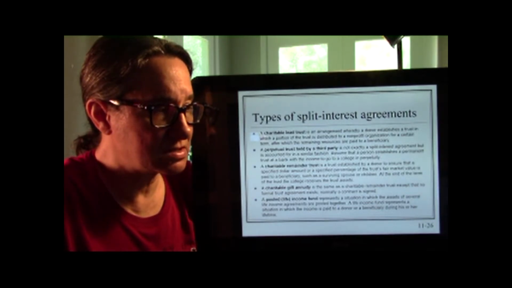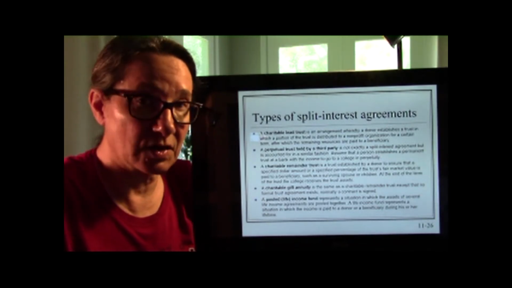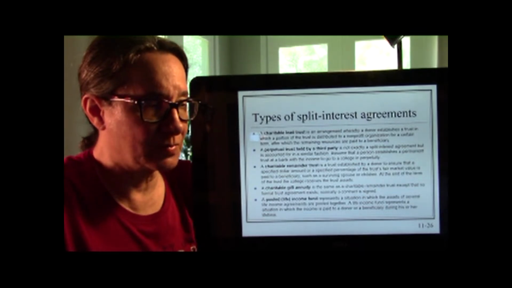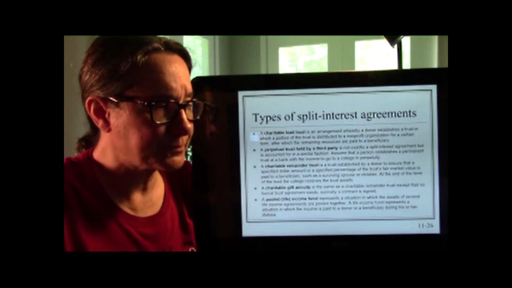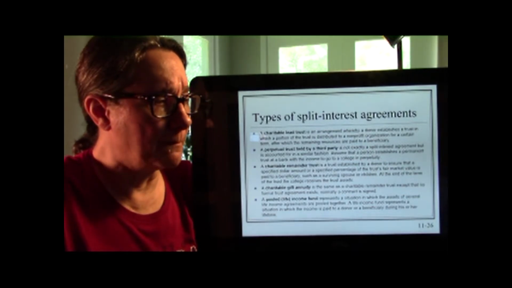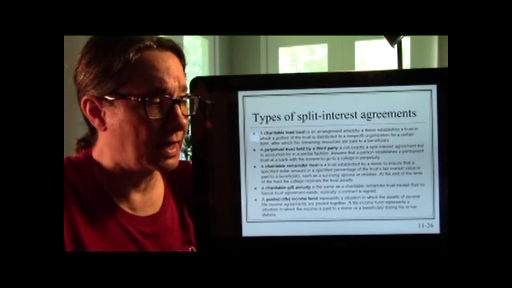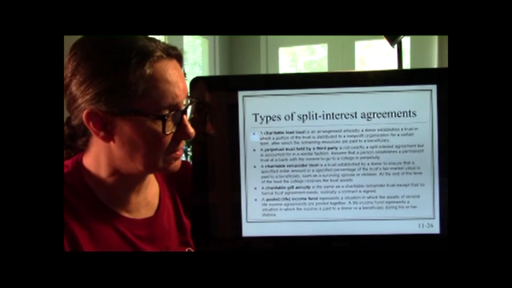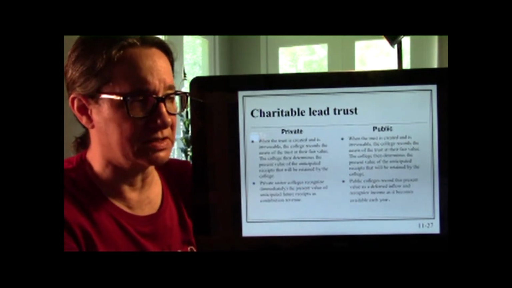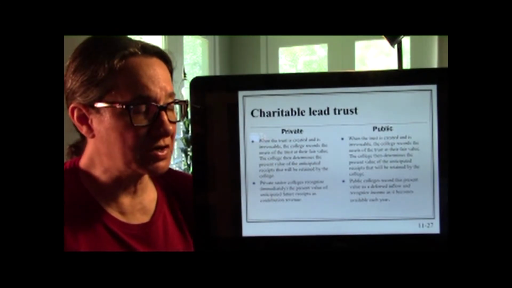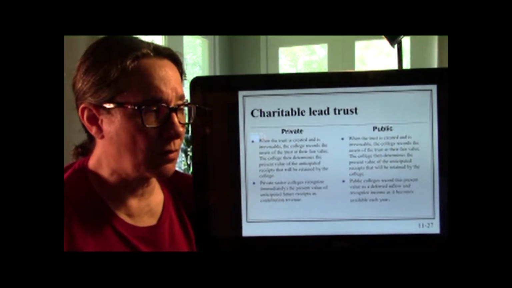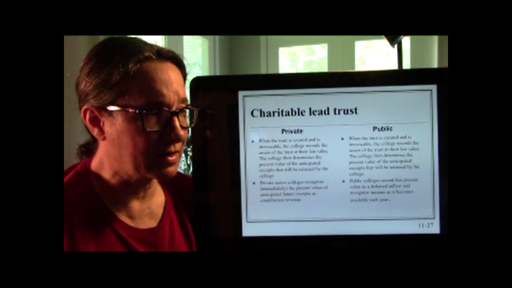Charitable lead trust, perpetual trust held by a third party, charitable remainder trust, charitable gift annuity, and a pooled life income fund. We'll talk a little bit about each of those, and then we'll be done. So, a charitable lead trust is slightly different for private and public.